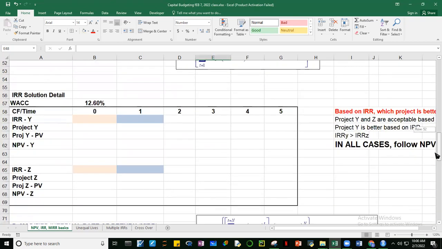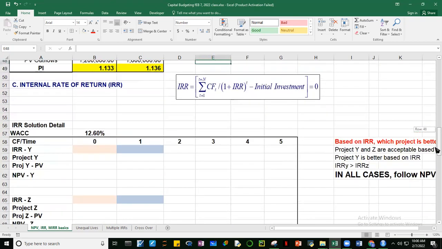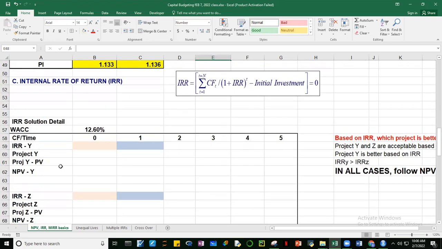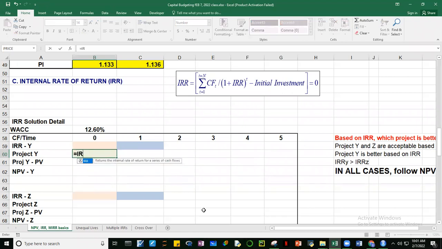IRR, we know this already. In fact, we have computed this before. Okay, so let's just compute for the IRR of project Y. So I'll put it here. We're not going to do the manual computation of IRR. We'll just use the function IRR. So this is equal to IRR.